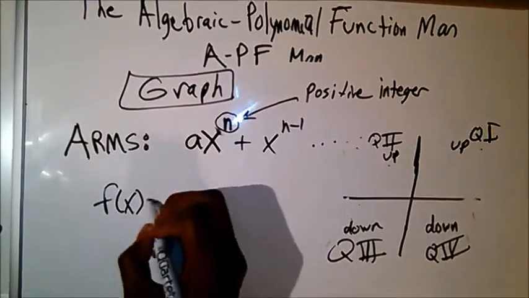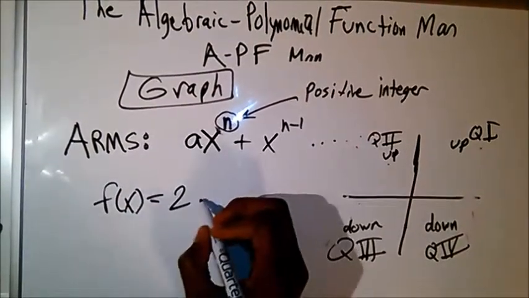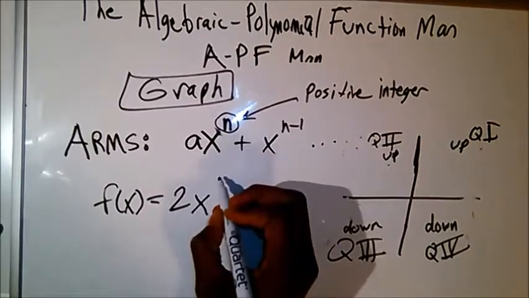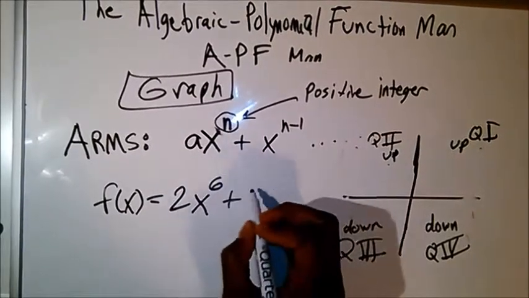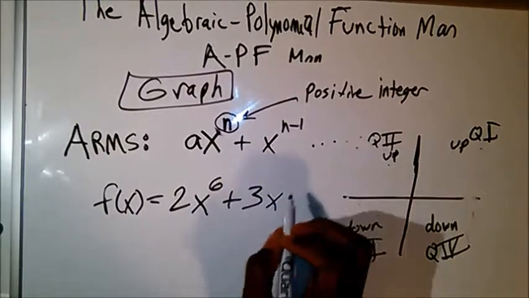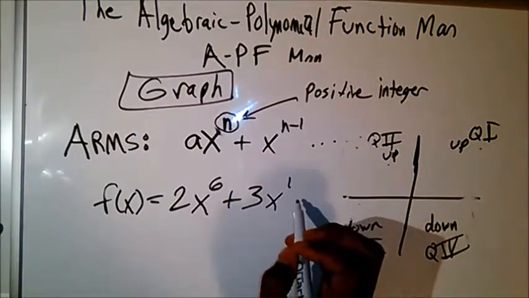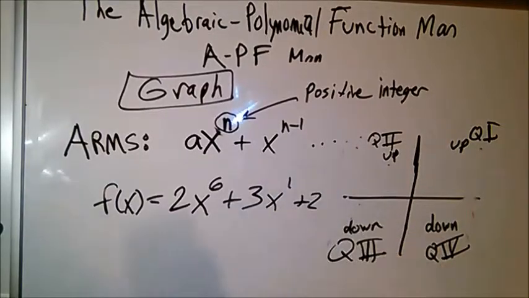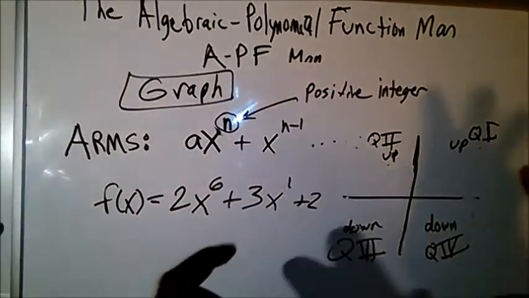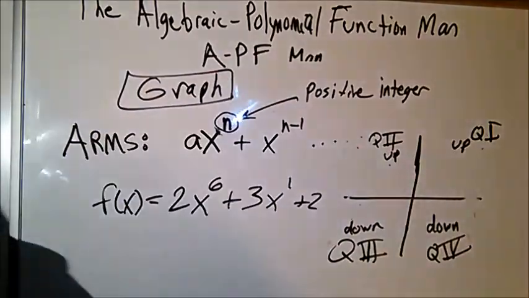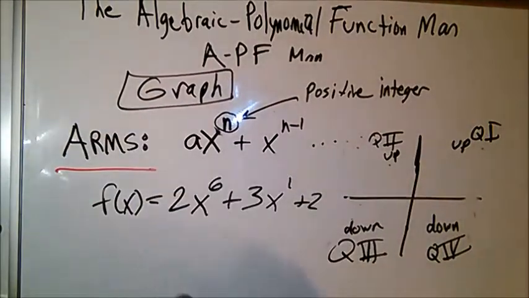F of x equals 2x to the 6th plus 3x to the 1, plus 2. What will the end behavior of this function be?